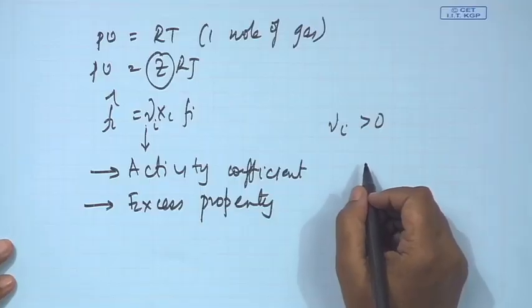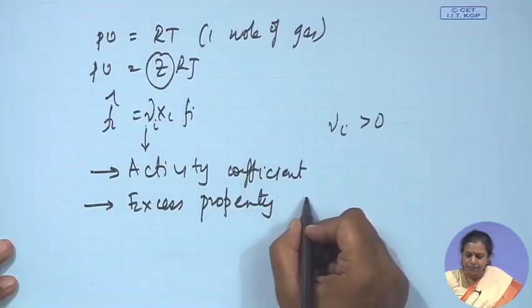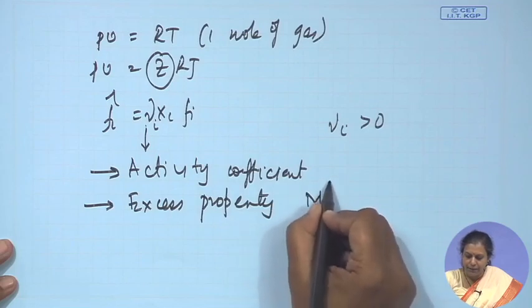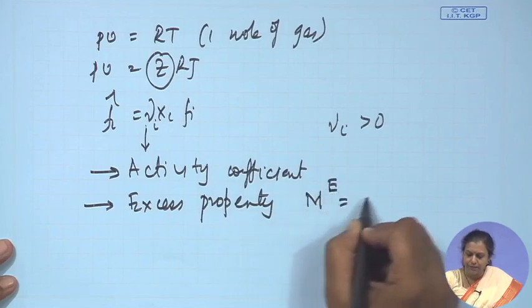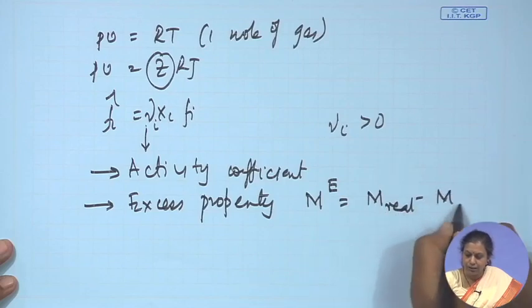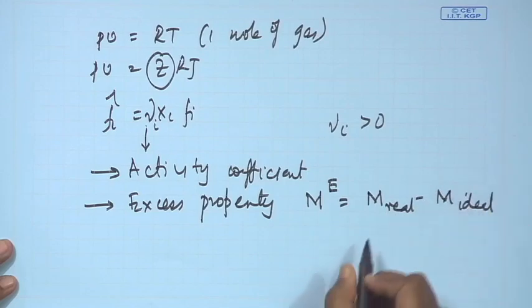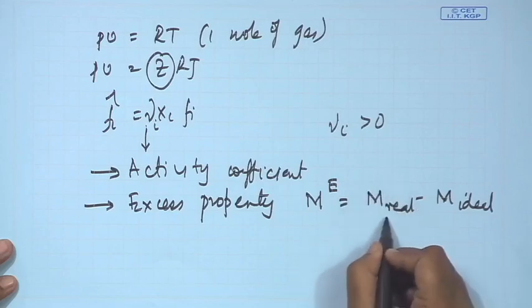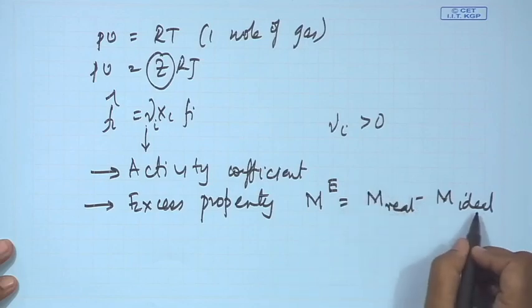You will remember, under that condition, the residual property was the real gas value minus the ideal gas value. In this case, the excess property, which we denote as M excess, is the M real value minus the M ideal value. So, the property in the real solution minus the property in the ideal solution.